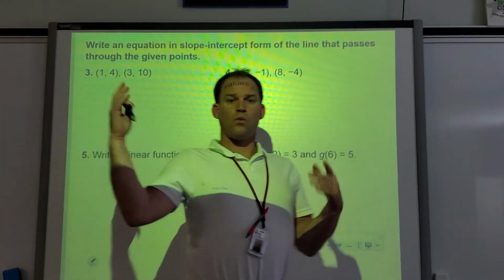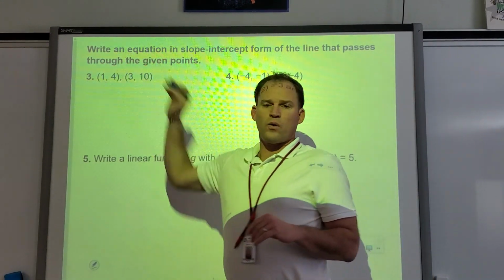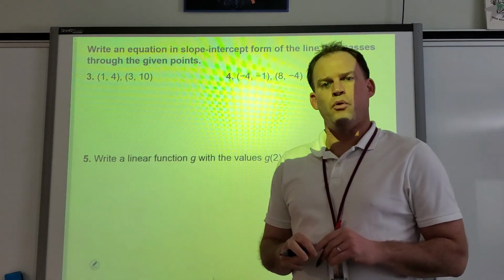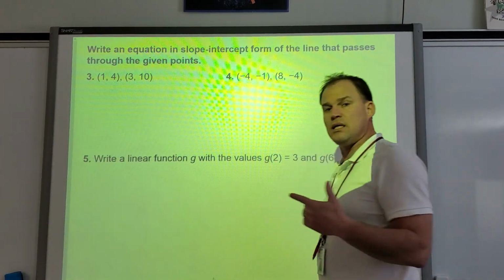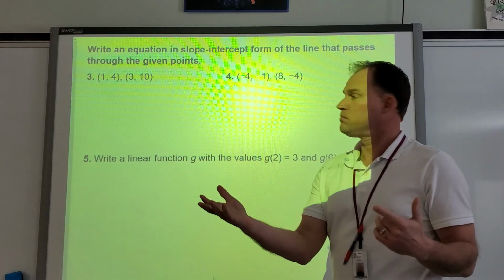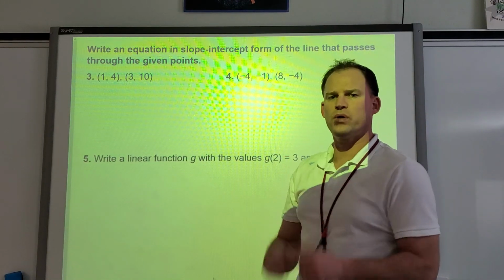So, one more type of problem, okay? What if I don't give you a graph, I just give you the 2 points? How could you find the slope? Because remember, I still need a slope and a point. If I don't give you the actual picture where you can count, how are you going to find the slope?